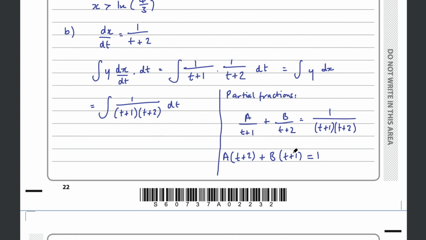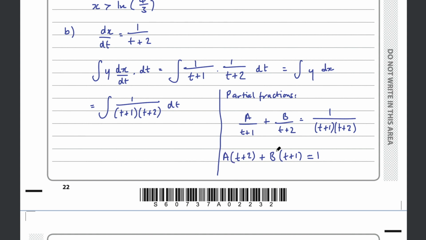We've effectively got two unknowns here that we need to figure out, except we know that the t's need to cancel each other. So this t needs to cancel with this t. The only way that's going to happen is if a and b are negatives of each other. And also we know that we need a 2 take 1 to equal 1.